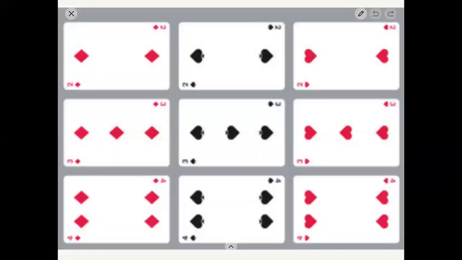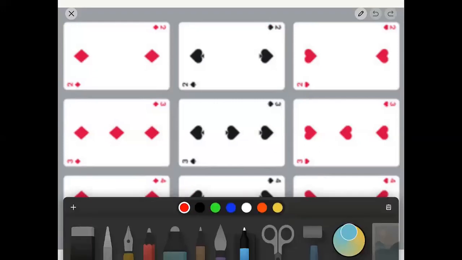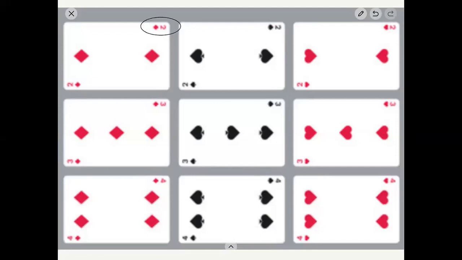Now this would be a three pair. So you see we have a two here, a two here, a two here. So this is a three pair. Also, if you look at this, we have a four, and a four. So again, this would be a three pair because we have three of the same kinds of cards.